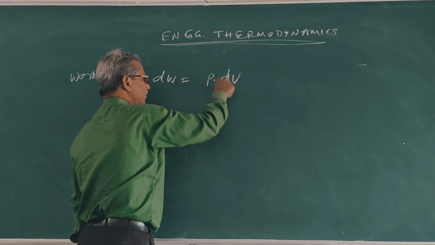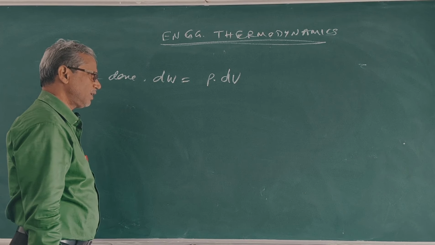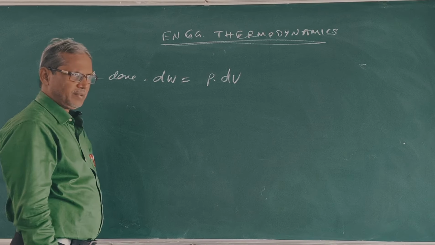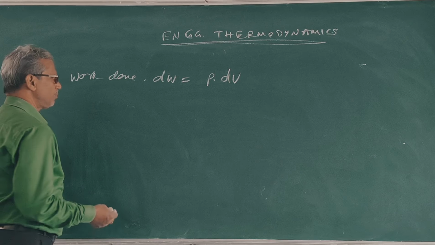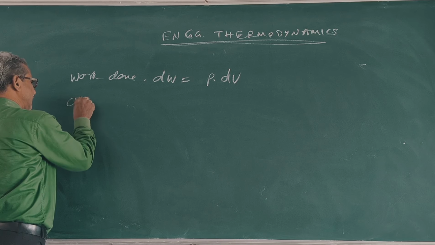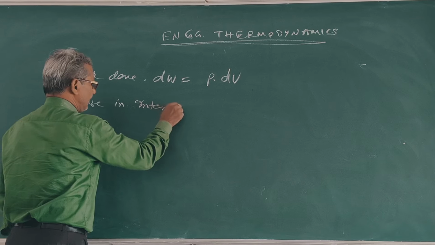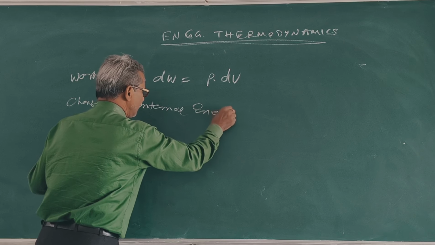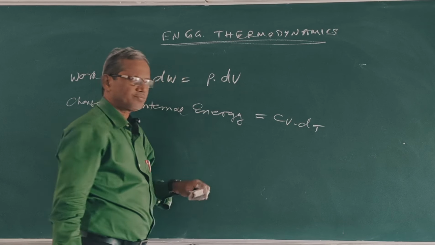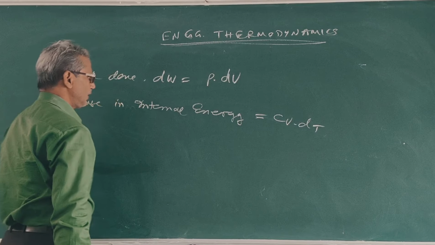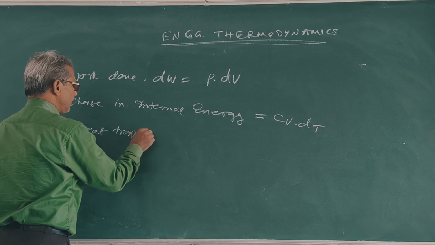What is P? P is pressure, dV is the change of volume. Change in internal energy is Cv dT. Heat transferred is Q or dQ.